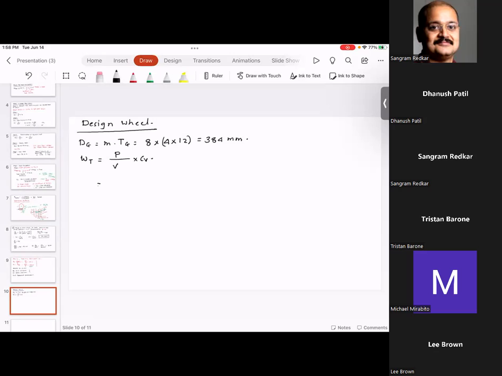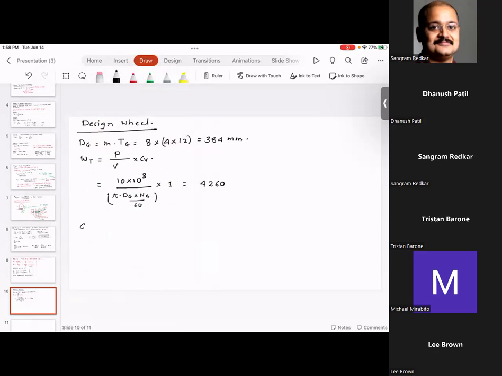So WT is equal to the power, that is 10 kilowatts, 10 to the power 3, divided by the speed, which is pi times d times n divided by 60, multiplied by the service factor 1. So once you put these dimensions in, you get 4260.